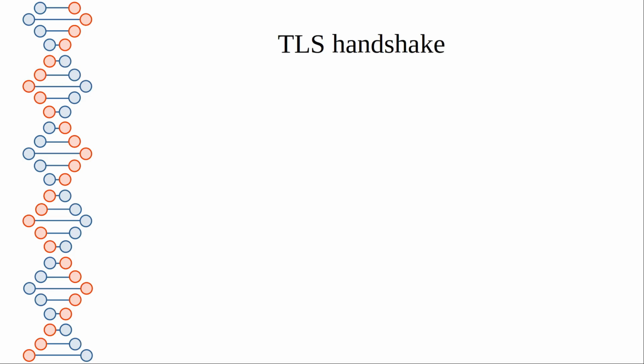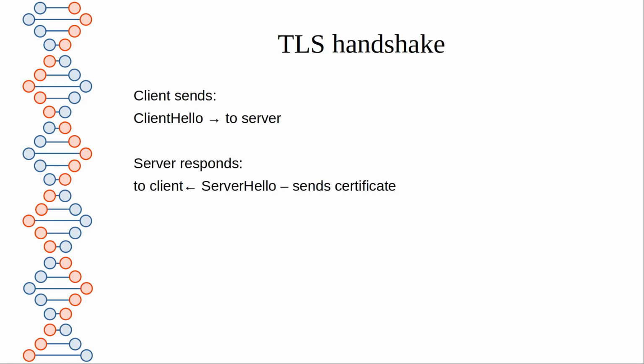To do this, they use what's known as a TLS handshake. So first the normal TCP handshake is performed. Then the client sends a client hello to the server. The server responds back to the client with the server hello, which sends their certificate.